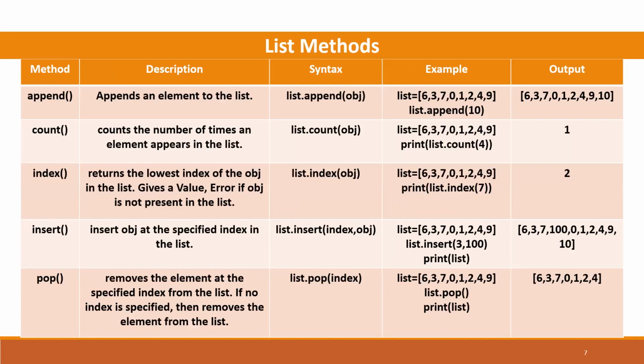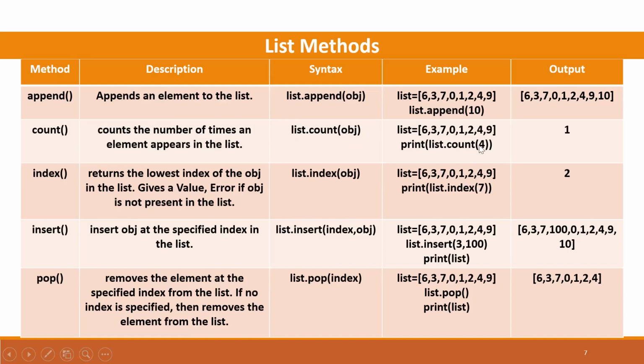Then the append function. What does it do? It appends the element to the list. That means if I append 10, it gets appended into the list. The count function basically takes a parameter, that is the object. I am counting the number of times that element appears in the list.